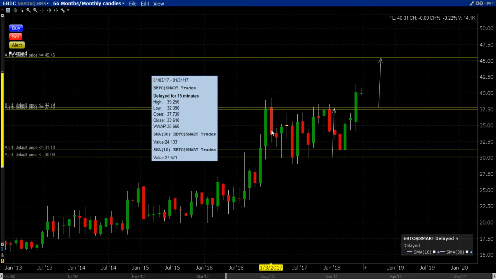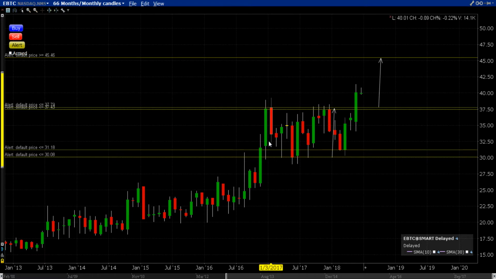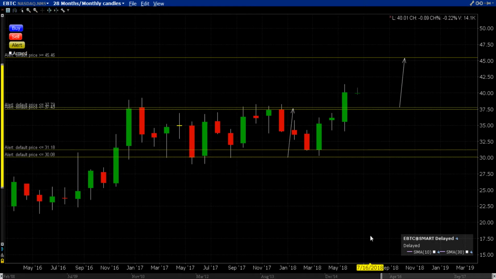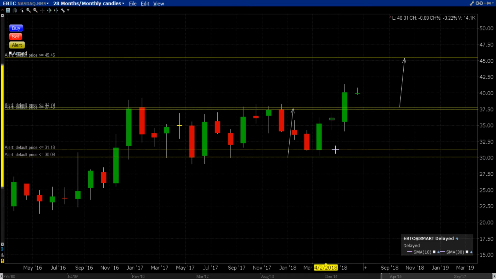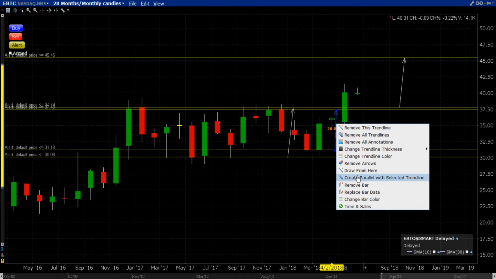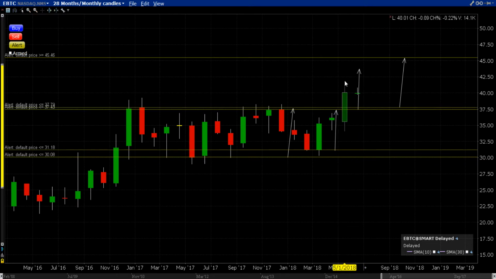I start with the bigger pattern in the back, and then I dig myself towards the core, towards the price action. And here, I have the smaller pattern, which broke out on this line here.